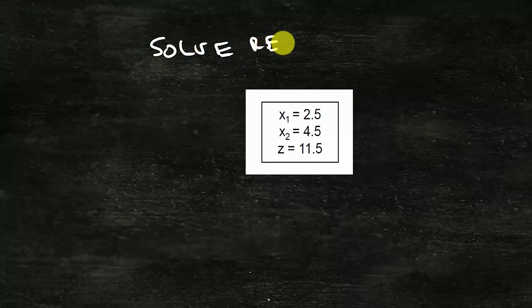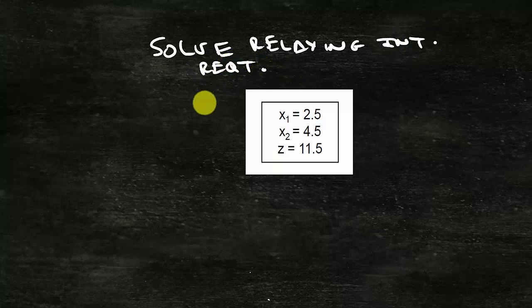And that leads to this solution here. So you get that x1 is equal to 2.5, x2 is equal to 4.5, and the objective is 11.5. We now know that we need to do some more work.